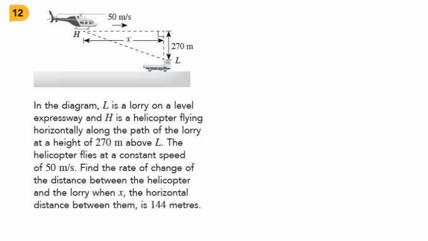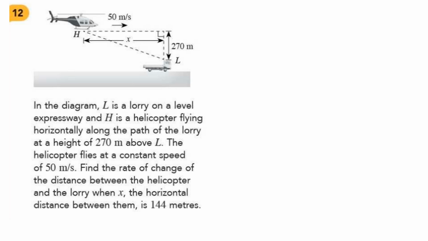Right, let's look at the second last question. Right, this is a very interesting question. So you're given a lorry and a helicopter. The lorry is represented by the letter L, and it's traveling along the expressway.